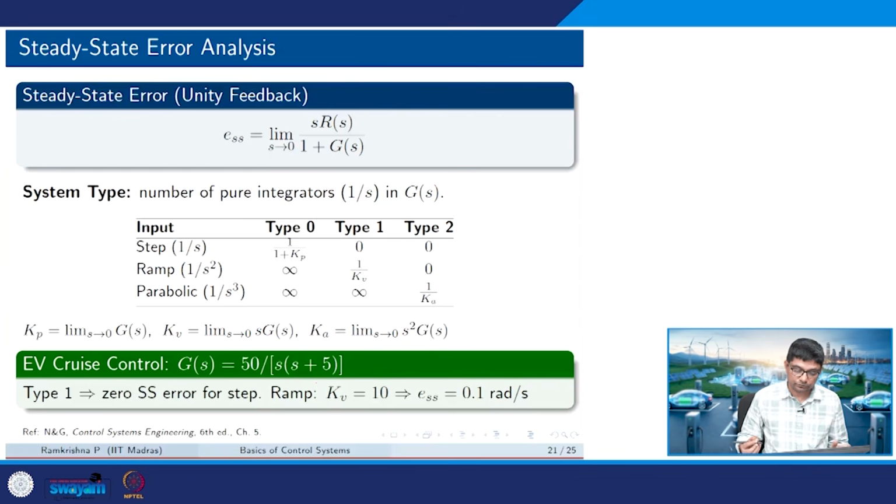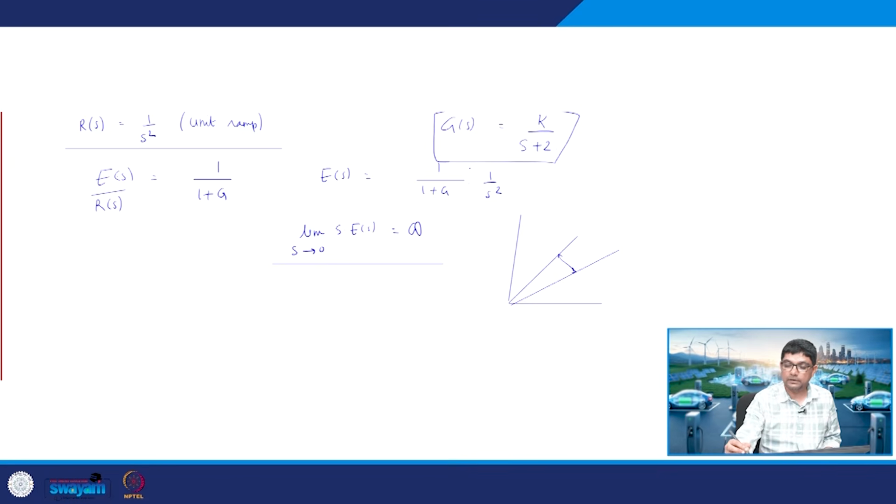That is, I look at the number of integrators in G of S. If I say G of S has one integrator or two integrators and so on. So, in this first example, this G of S has 0 integrators.